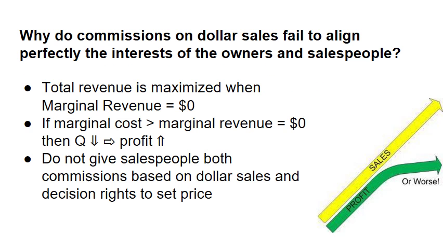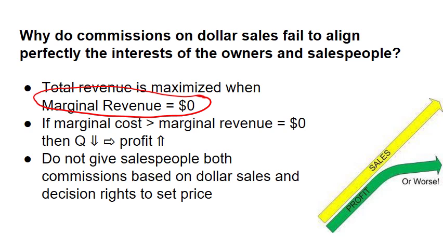This analysis reveals why commissions on dollar sales fail to align perfectly the interests of the owners and salespeople. Total revenue is maximized only when the marginal revenue of another sale is $0.